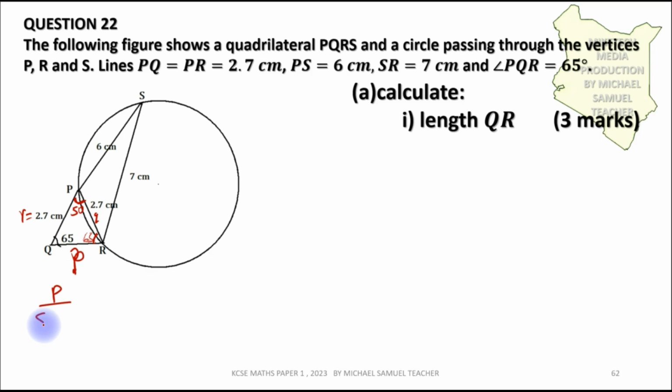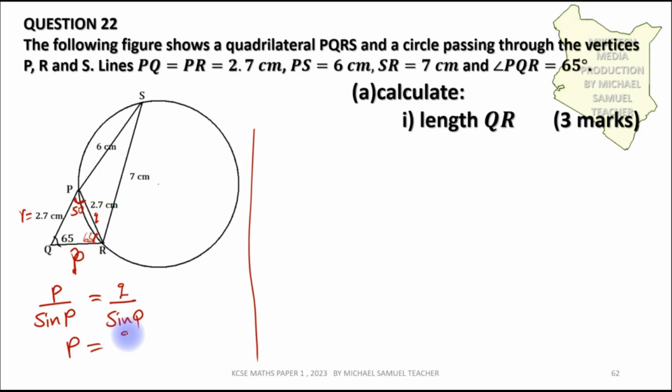So p over sine P, where p is the side and P is the angle, will be equal to any other side and angle that is known. We have angle at Q, so side q over sine Q. We don't know p, and that's what we are after.